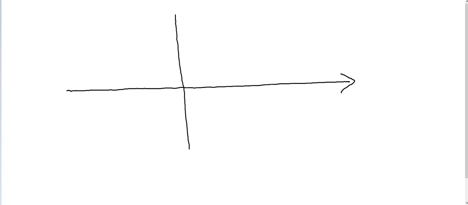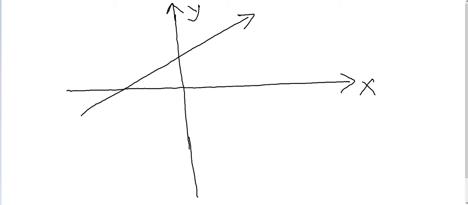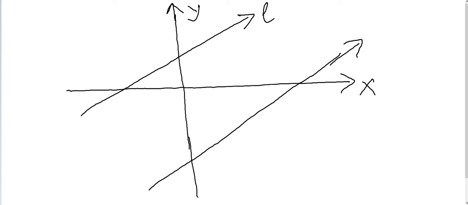Alright, so if you have the xy plane, you have x on the horizontal axis, y, and then you have line L and then you have line K that are parallel to each other.